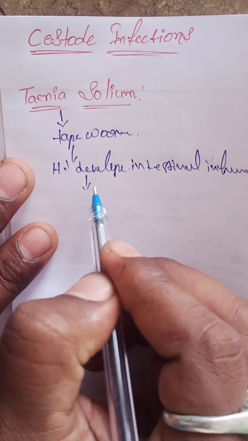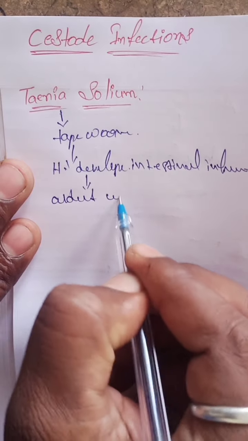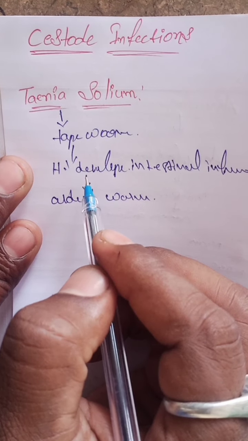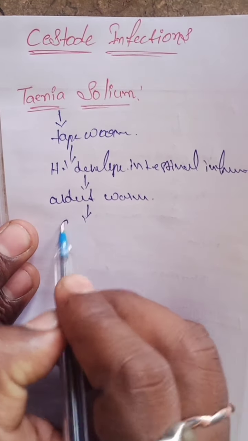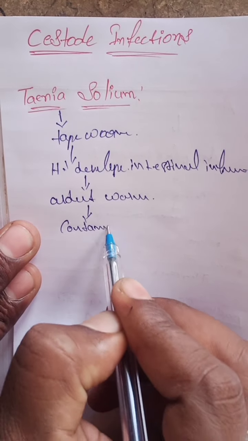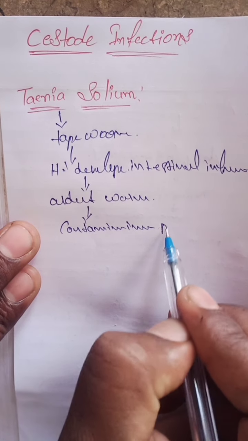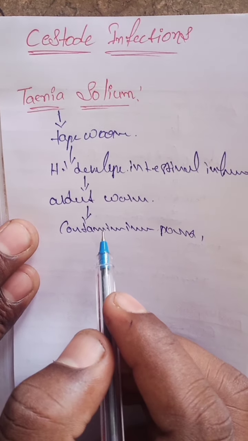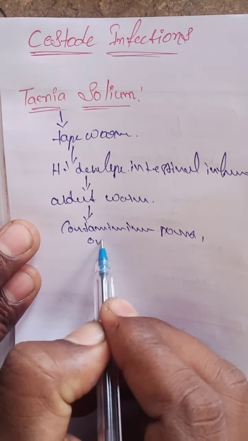How do the infections with the adult worms form? Adult worms means adult tapeworms, entering through ingestion of contaminated pork, or humans develop cysticercosis after ingestion of Taenia solium eggs.